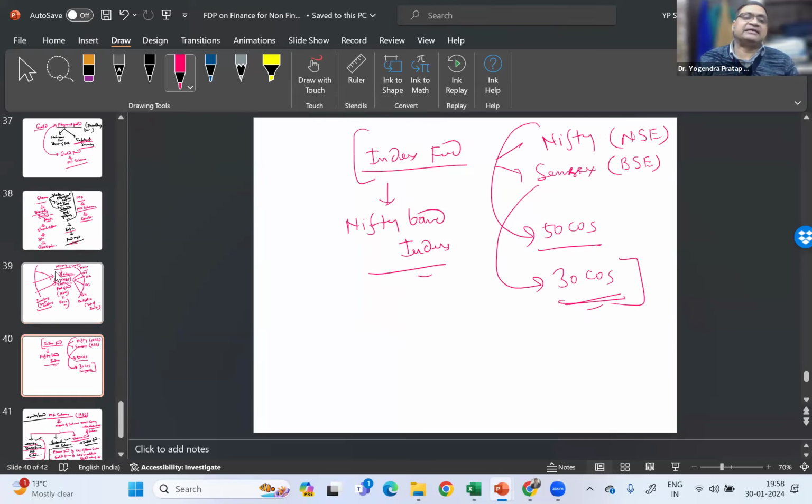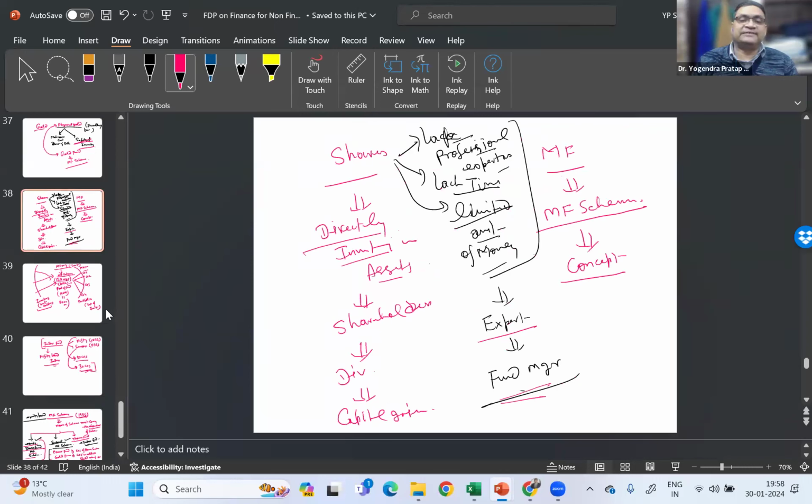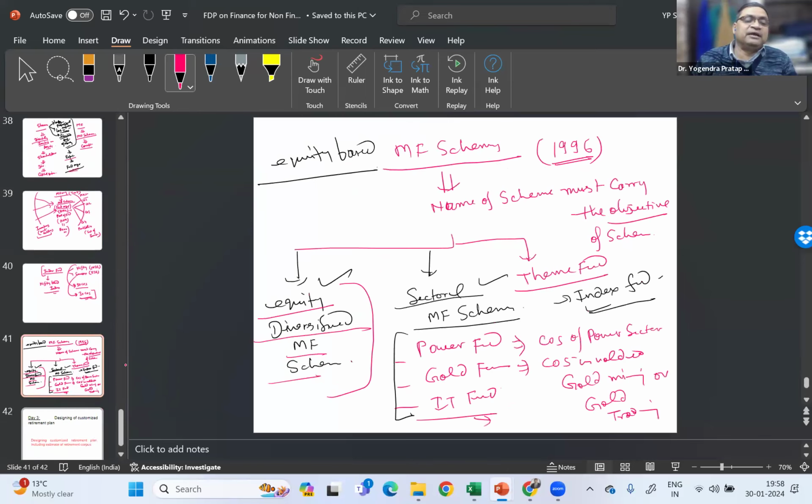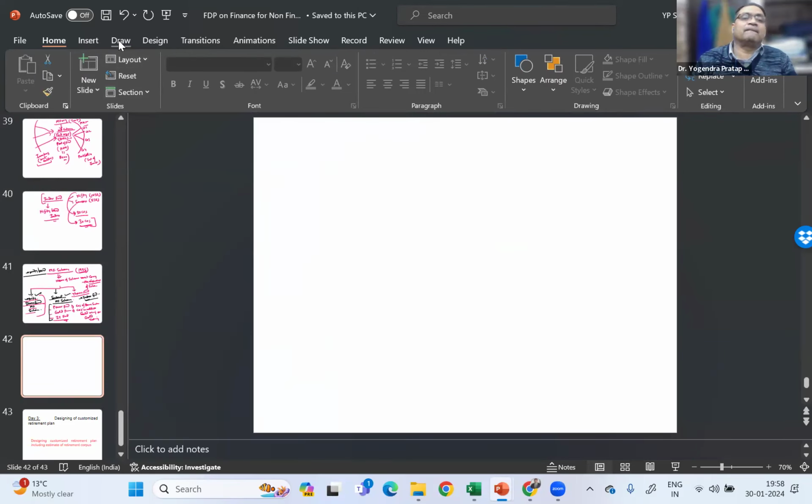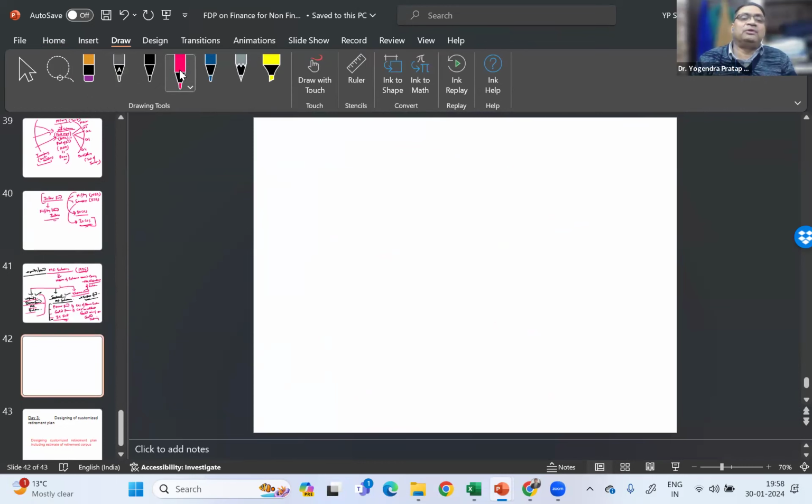Now, these are the typical categories of mutual fund schemes. So first, we will look at how, as an investor, to screen and see the performance of the mutual fund. And when it comes to investment, there are again two concepts. One is how will you invest?